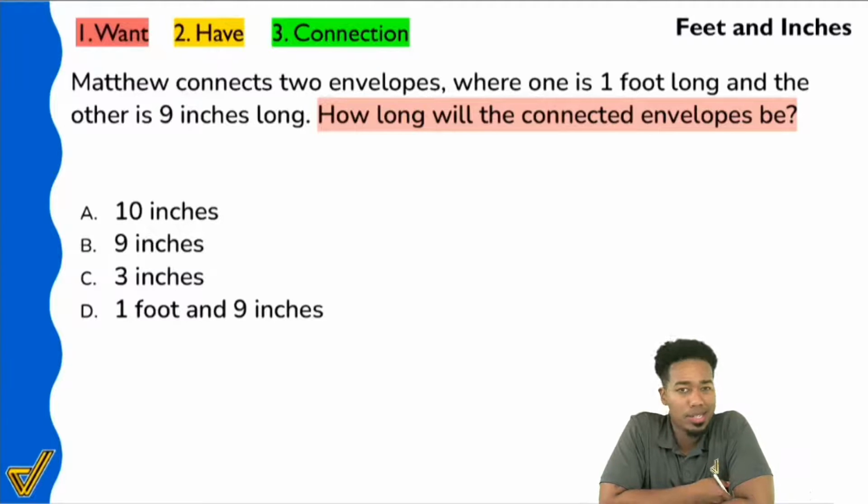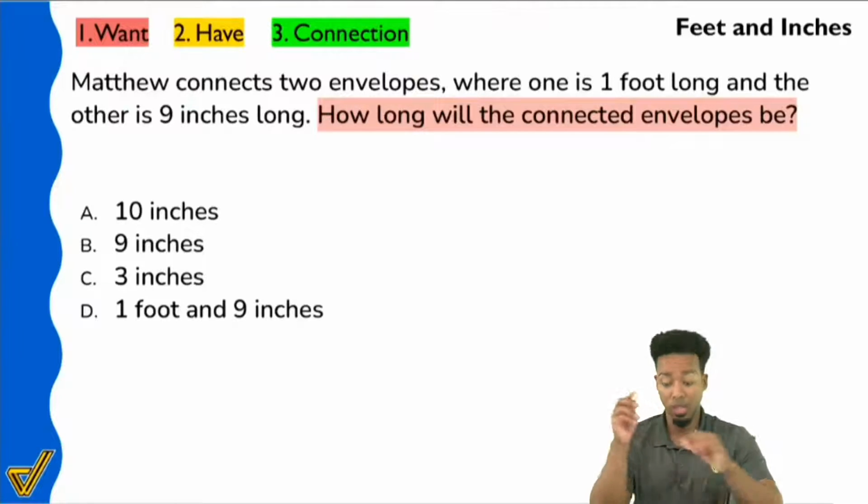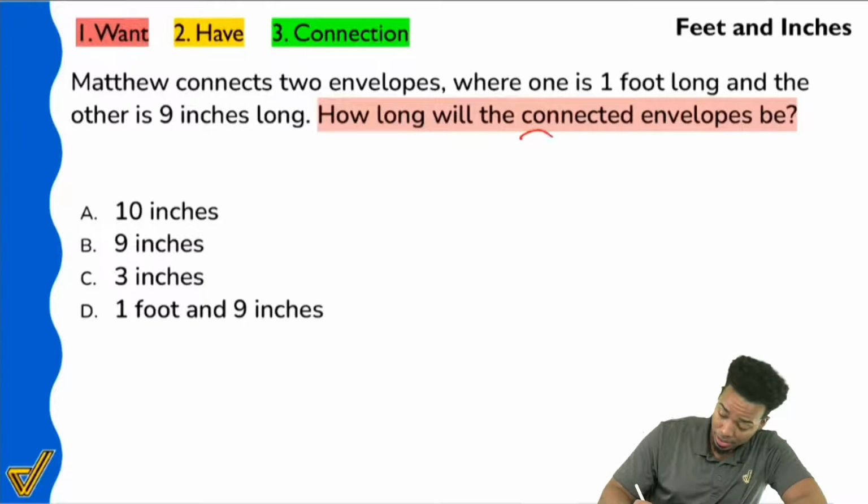That may or may not tell us exactly what we need to do, but everybody, does it sound like two envelopes were connected and we're trying to see how long it is now? Common sense. Somewhere, somehow, some envelopes got connected and we're trying to see how long it is.